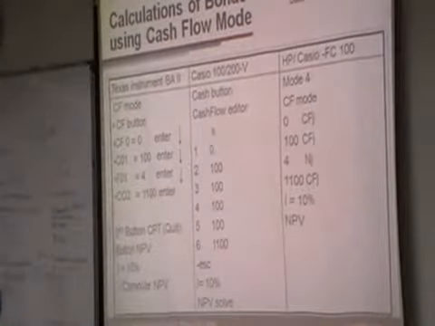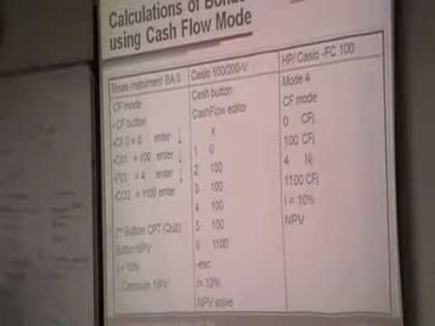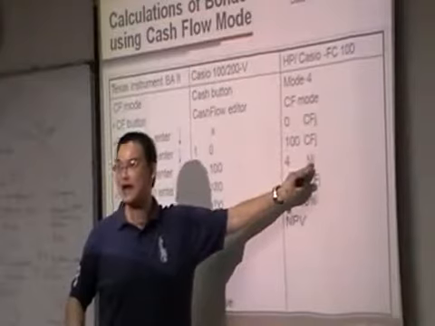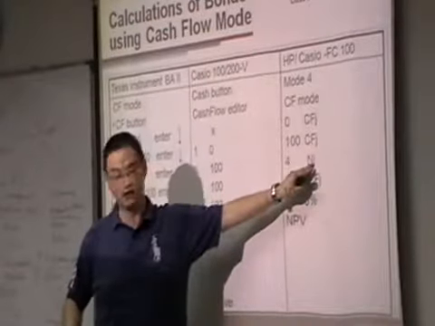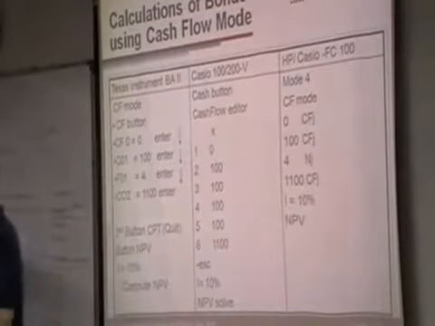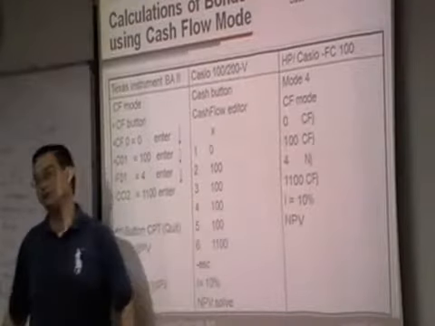Now, how many hundreds are there? 4, so 1, 2, 3, 4. Can you follow? So you must key in 4 shift Nj. Remember, Nj and N are two different things. Then after that, 1,100 CFj, because this last one is 1,100. Then you key in I/Y 10 and NPV.